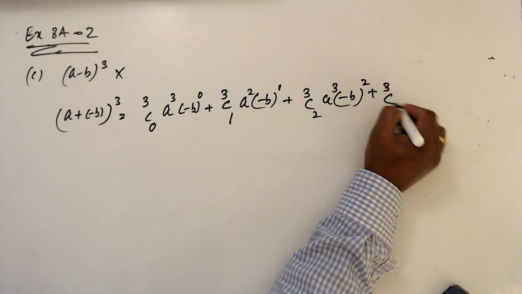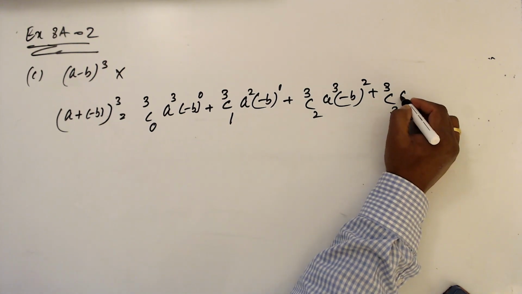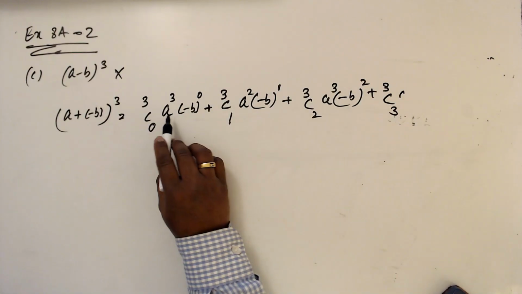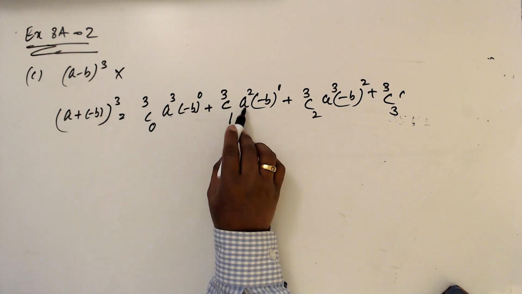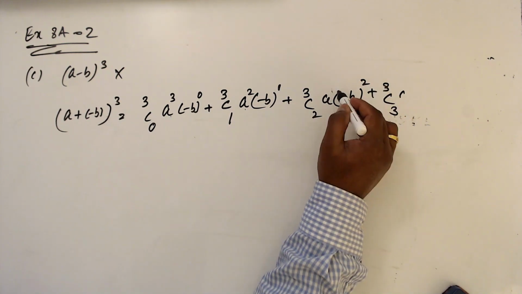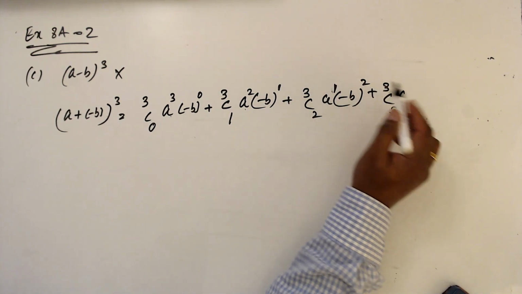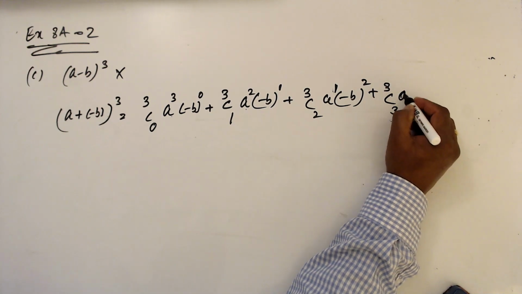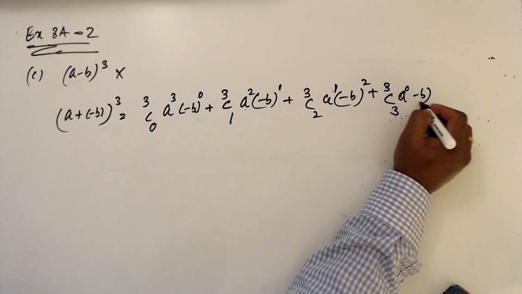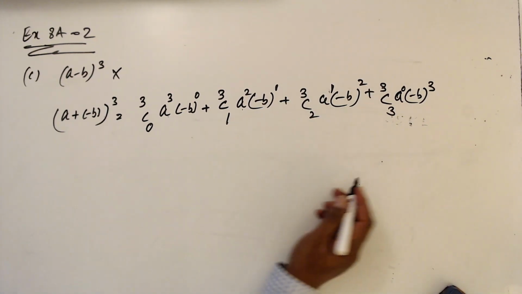Then 3C3, I think it's wrong. A cubed, A squared, this is going to be A to the 1. The addition has to be 3, and this is A to the 0 times minus B cubed.